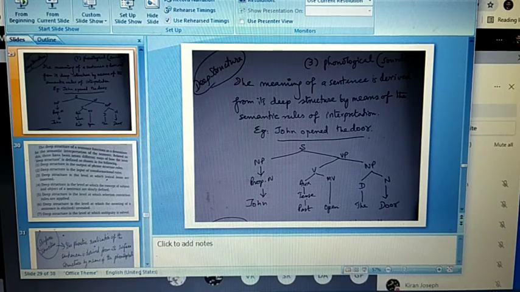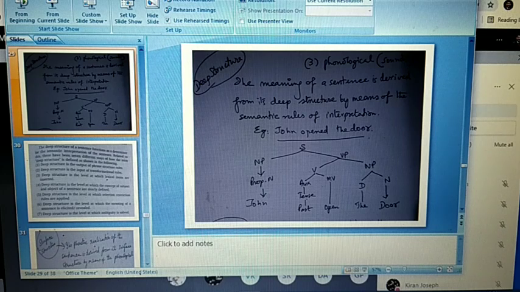Auxiliary is tense form. Main verb is open. And noun phrase is the door. John opened the door. And of course you transform the very elements in the sentence, and you get new utterances. That is transformational generative grammar.